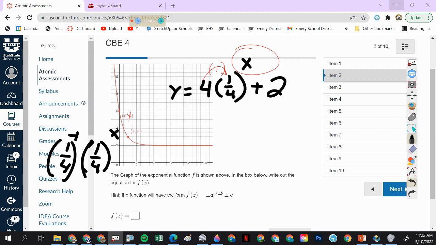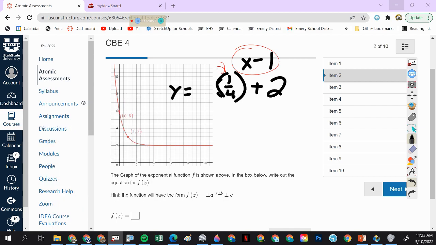Now they have the same base. So it would be x minus 1. Do these have explanations when you do them? No? Okay, so that's the way I would do it, but a lot of students have trouble figuring that out.